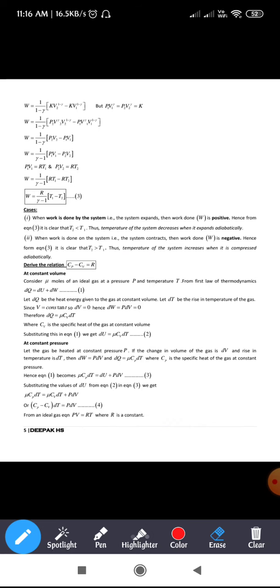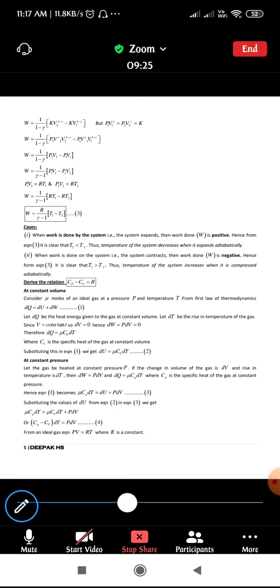Just go through once about the two cases.